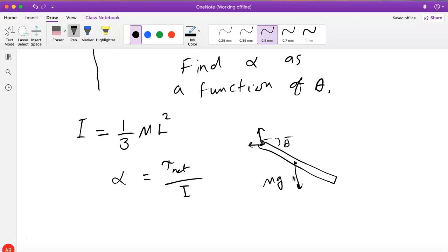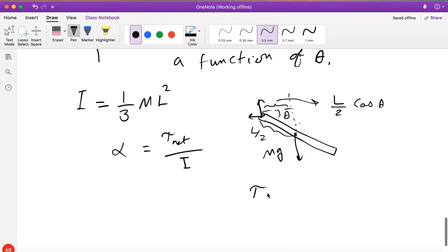The torque due to the weight of the rod around the hinge is, I can again calculate the component of this distance along the direction of the force. So from here to here, I have L/2, right? The center of mass is in the middle. And then this length from here to here is going to be L/2 cosine theta.